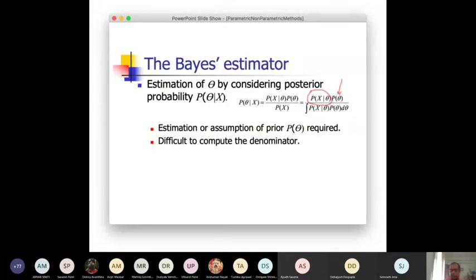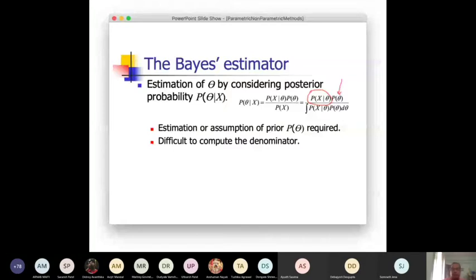So we have to consider all possible sets of parameter values in the parameter space. If it is a discrete and finite space, then the computation becomes a bit straightforward. But when you have a continuous space, there are different ways by which you can do it. But that is a complex process.